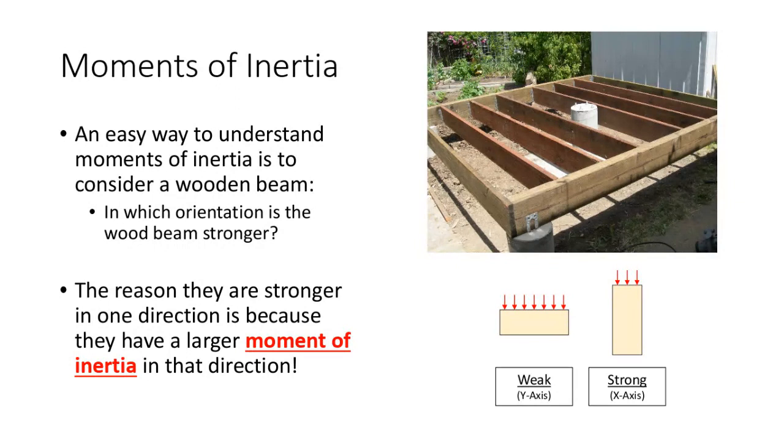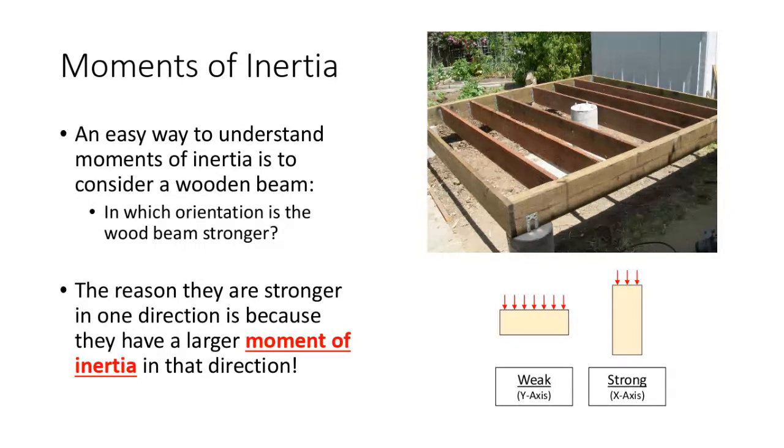The reason why is because along that orientation, they have a larger moment of inertia. The formula that we use for the moment of inertia, and we're going to develop that here in a bit, but to give you some really basic understanding, the moment of inertia of a rectangle about its centroid is bh cubed over 12.